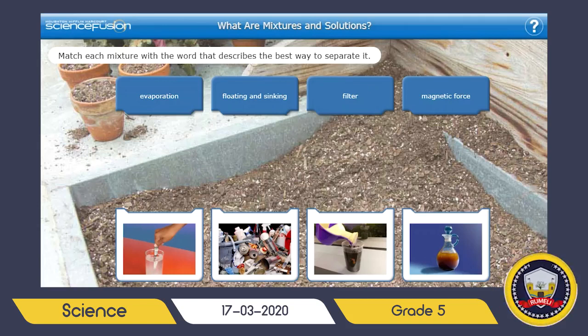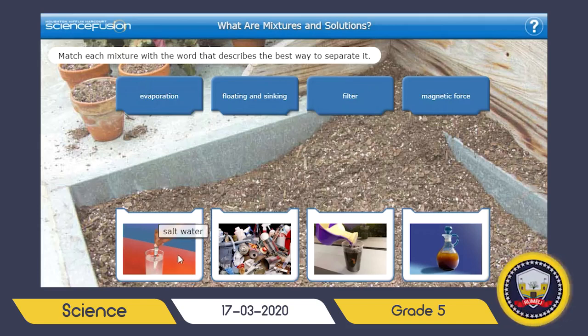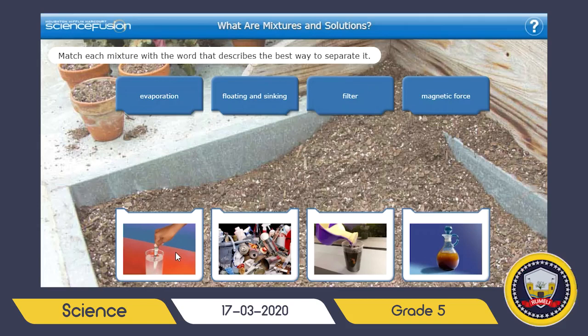Okay, what we have here: salt water, metal trash, a water and soil mixture, and salad dressing with different spices and oil. So what can we do to separate these mixtures? Salt water is a mixture which is also a solution.